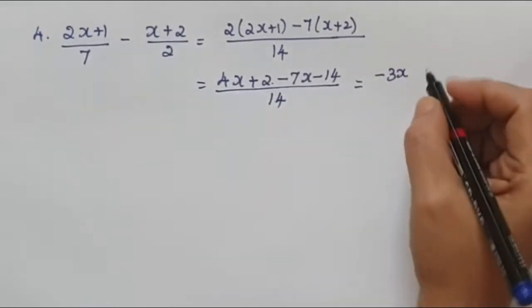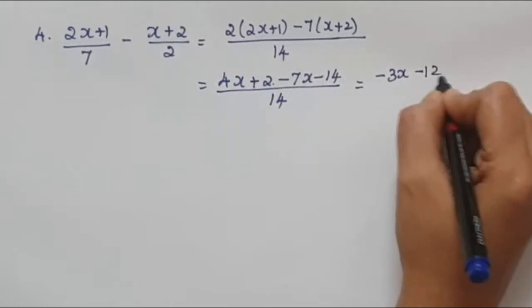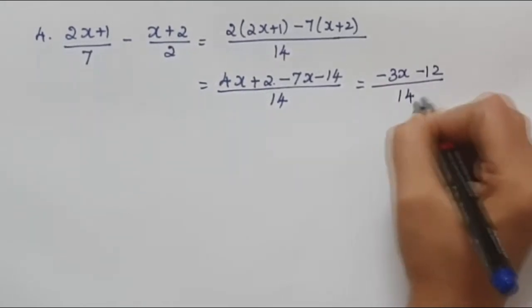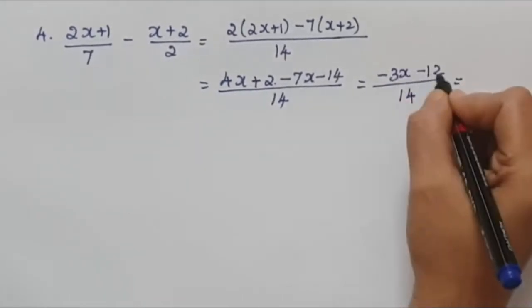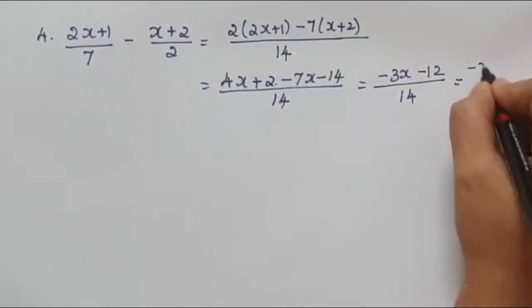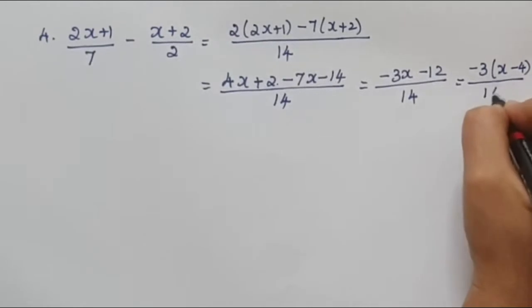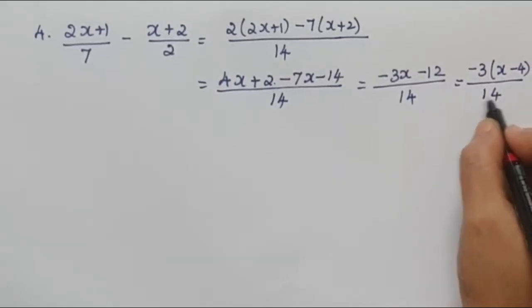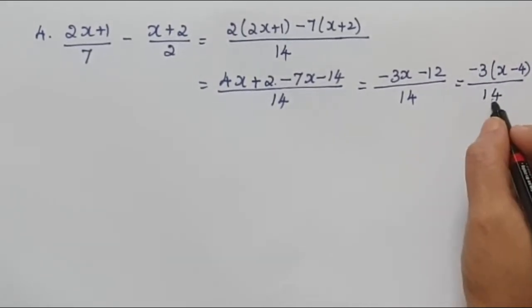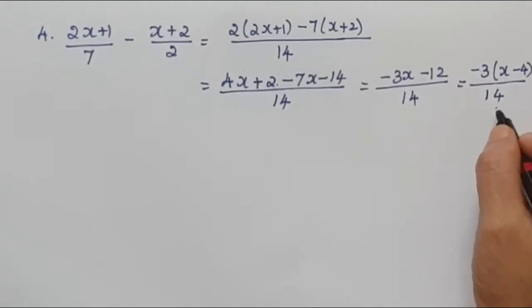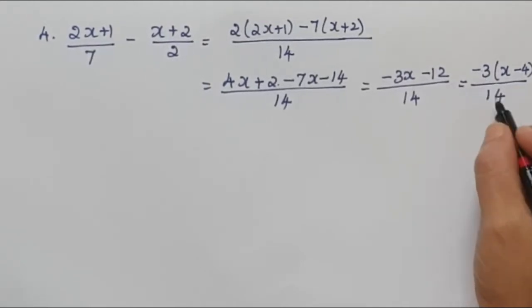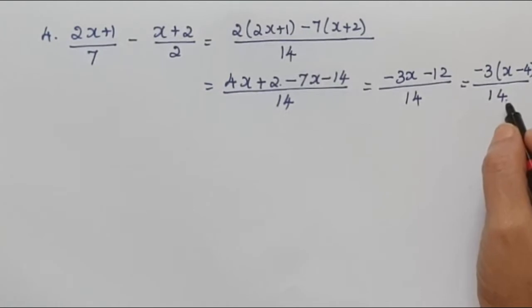Then 2 minus 14 is minus 12 over 14. Now in these two, when you take 3 common and negative 3 common, so x minus 4 over 14. Suppose this was a 12, then this 3 and 12 can be simplified and then we can write our answer. But now there is no common factor between 3 and 14. We are not simplifying it.